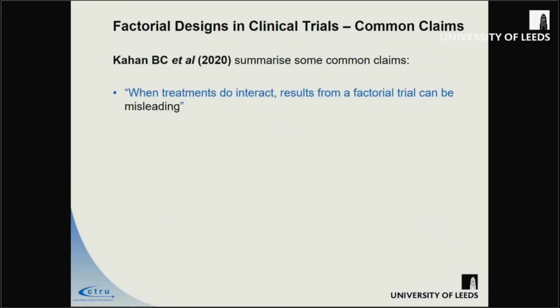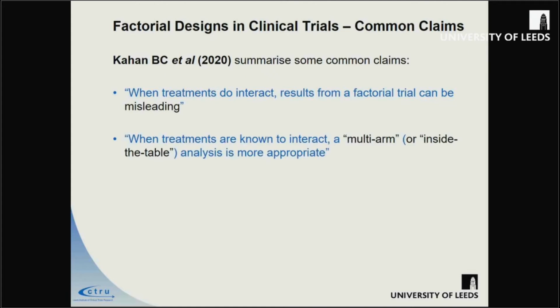So, even fairly recently, this paper is in press, so you can get it online, but it's dated next year. And they do a very good job of summarising the sorts of claims that people make. So the idea is that when treatments interact, a factorial trial can be misleading.